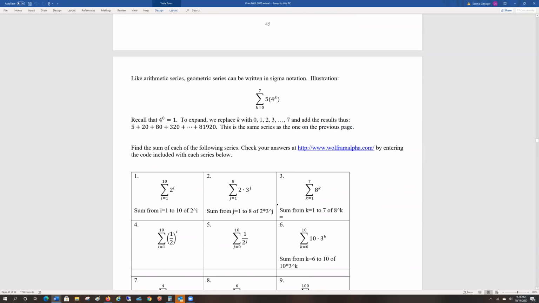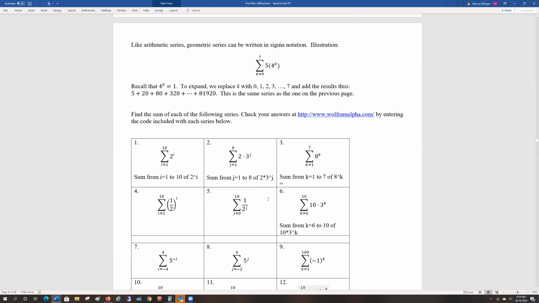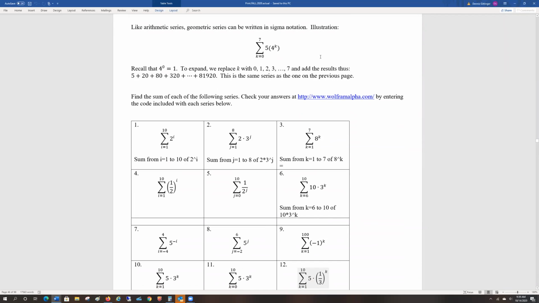Okay. Now on page 46, just like arithmetic series, geometric series can be written in sigma notation. So here's an example, and there'll be a little bit of review in here. The sum from k equals 0 to 7 of 5 times 4 to the k. Just like in the arithmetic series, your starting point is the number at the bottom, the lower limit, and you plug in 0.